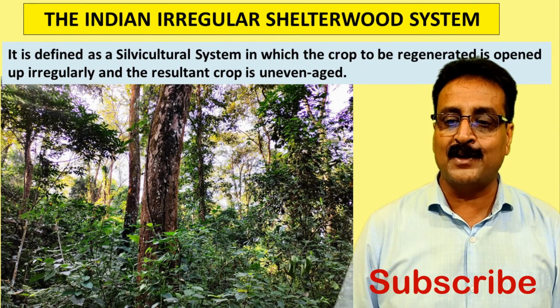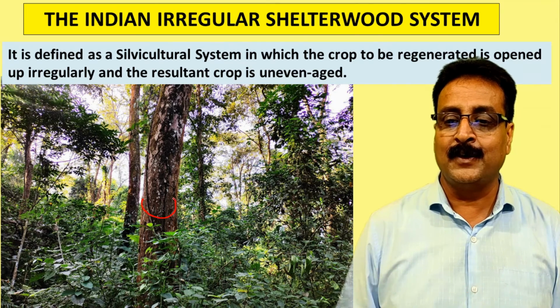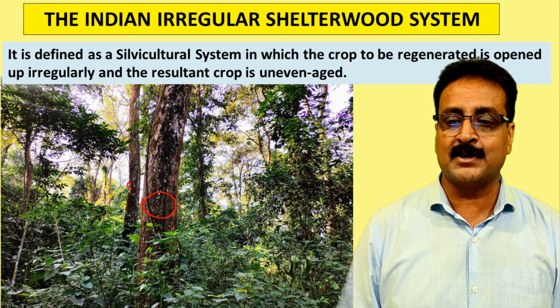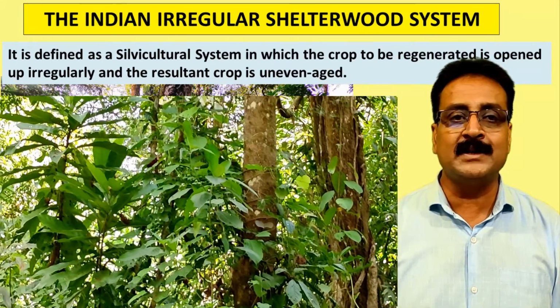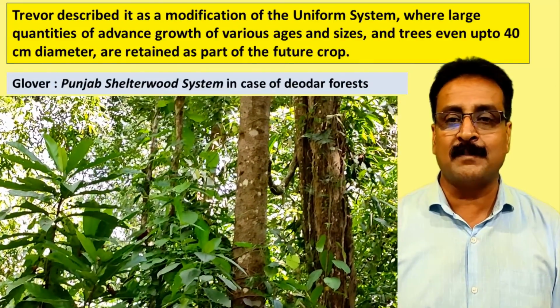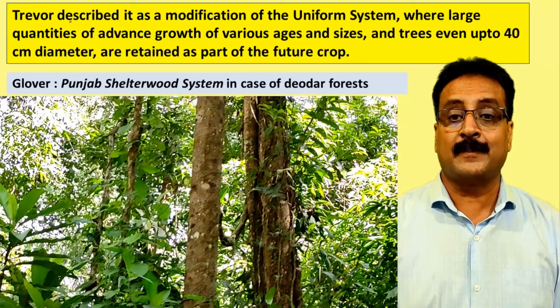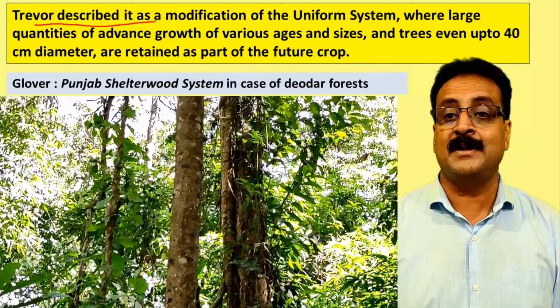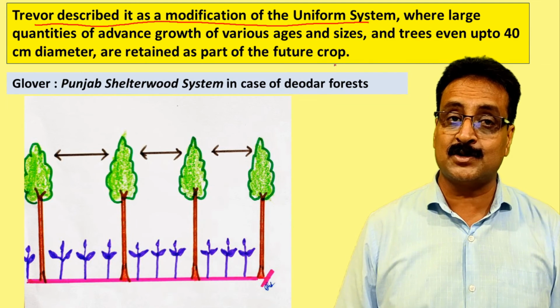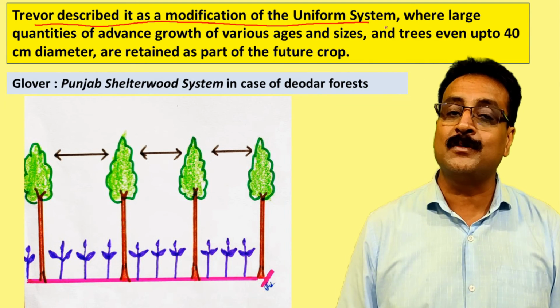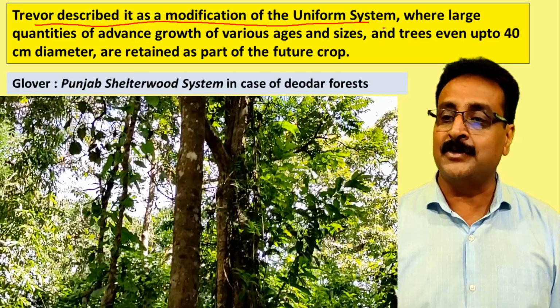We can see this is a forest where we have different diameters, large diameter trees and small trees. Nearby you can see almost all ages are present. Trevor, this forester, has described it as a modification of the uniform system. He says that the Indian silviculture system is a modification of the uniform system. Already we have studied the uniform system.